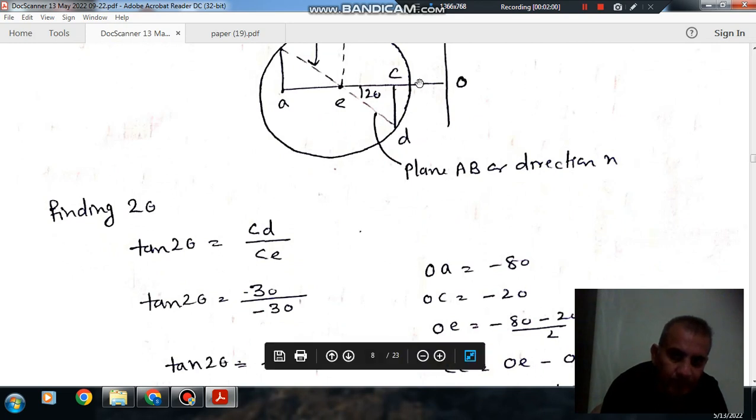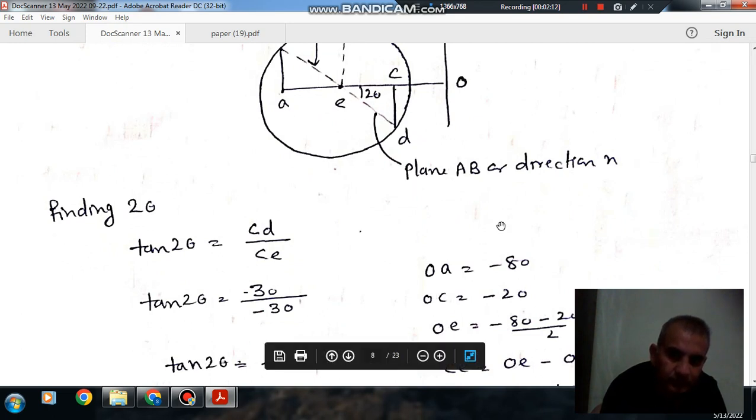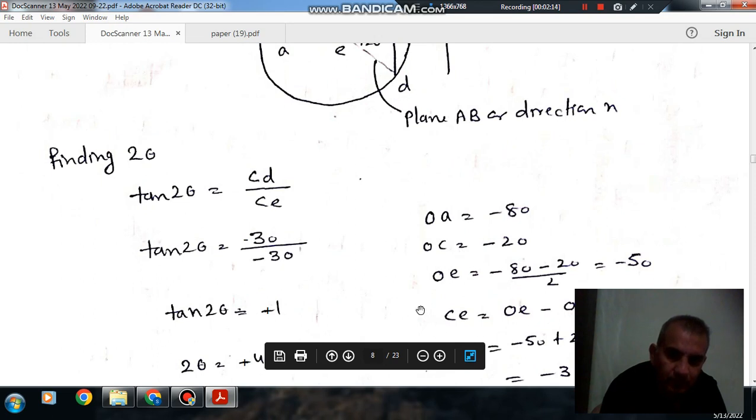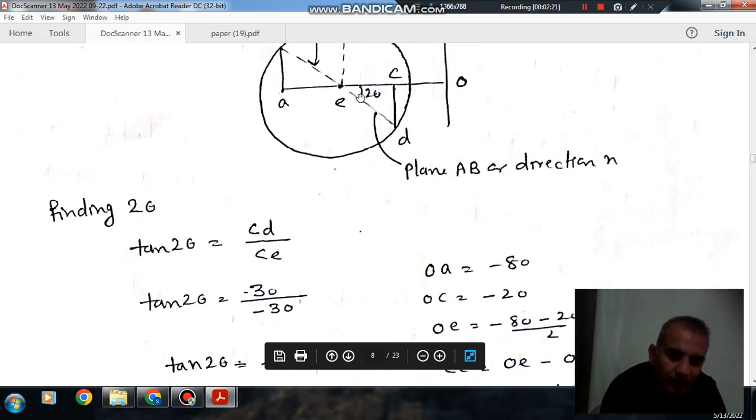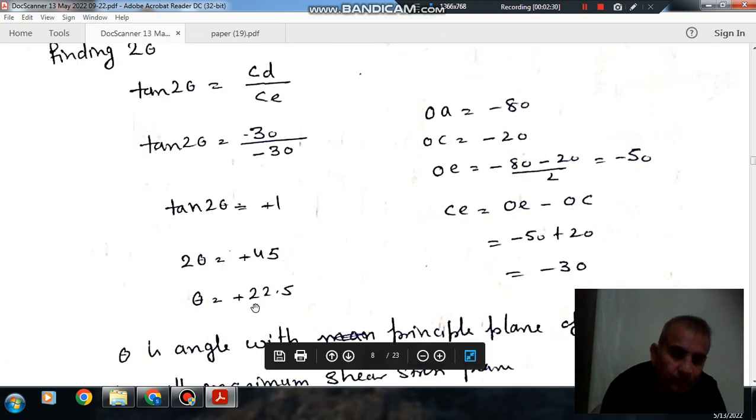This is 80, and this is 20, and this is minus 50. CE will be OE minus OC, which is minus 30. So minus 30 by minus 30 is 1. So this angle can be 45, or 135, or 360 minus 45. So theta comes out as 22.5.